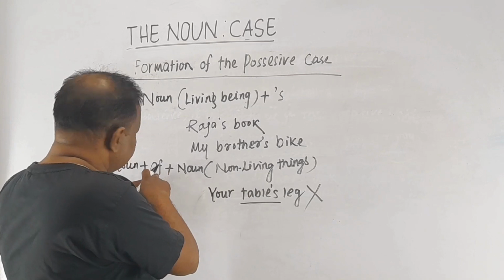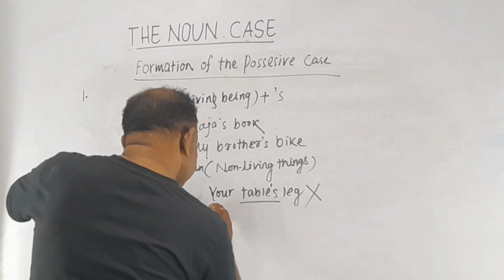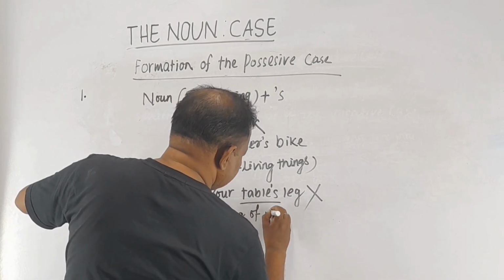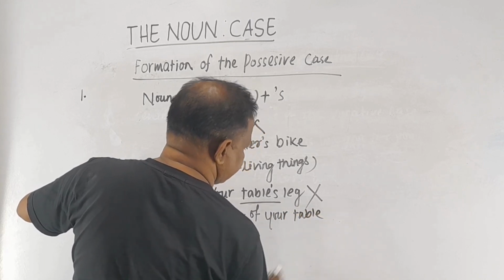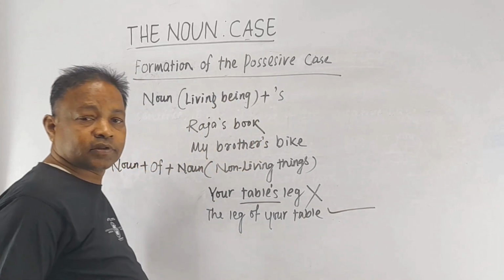So here you have to use of, not apostrophe s. So what to write? The leg of your table. Okay, the leg of your table. This one is correct. Fine.